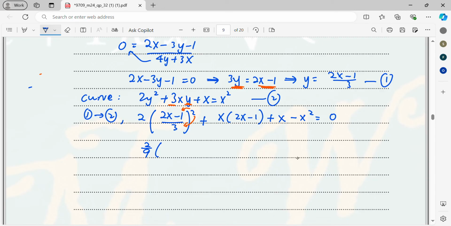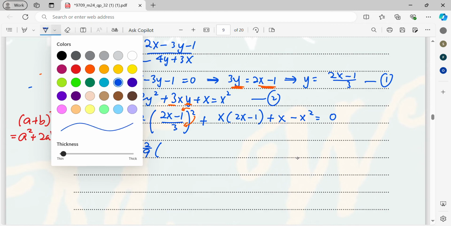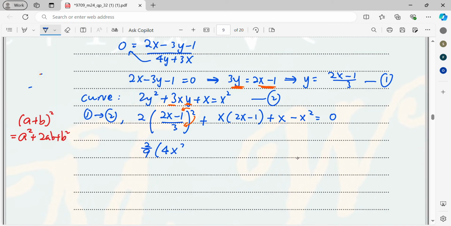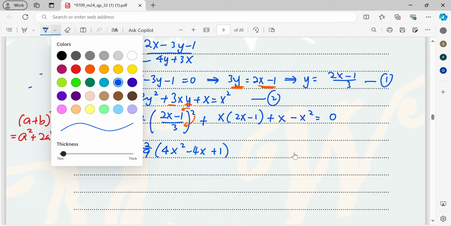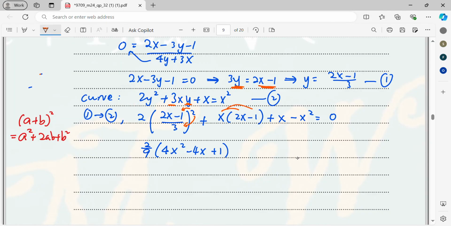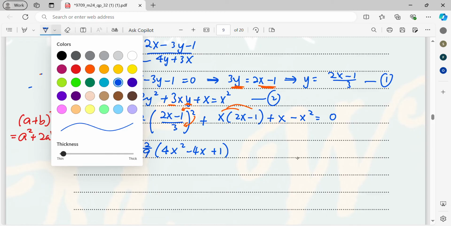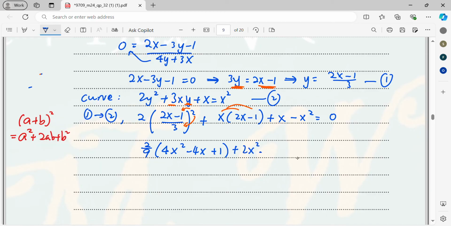For the square of 2x minus 1, you can just easily expand it using the quadratic expansion, a squared plus 2ab plus b squared. Then you will be getting 4x squared minus 4x plus 1. Then for the next term, just do expansion. That will be 2x squared minus x. And then copy the other two terms.